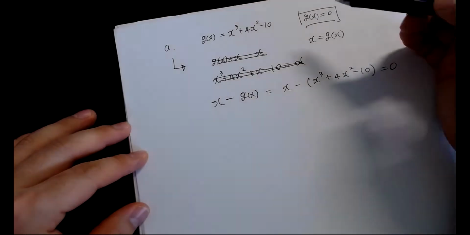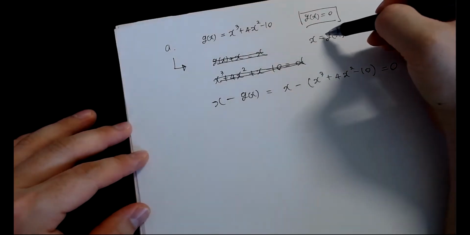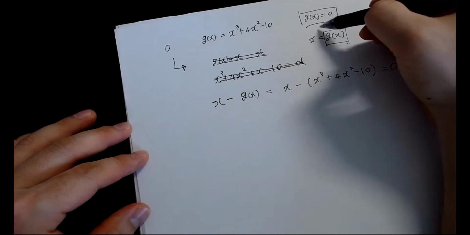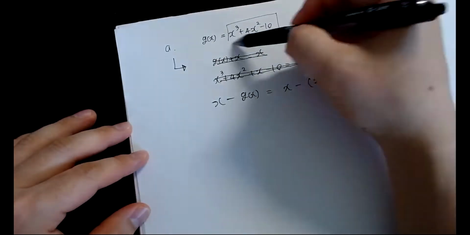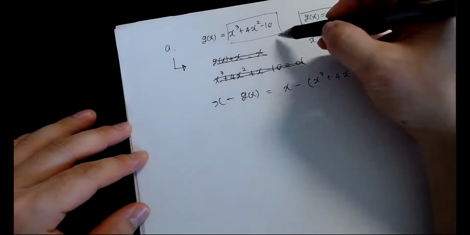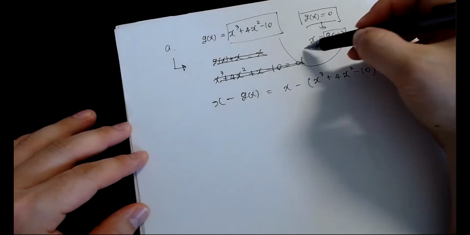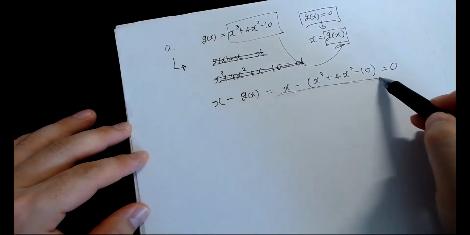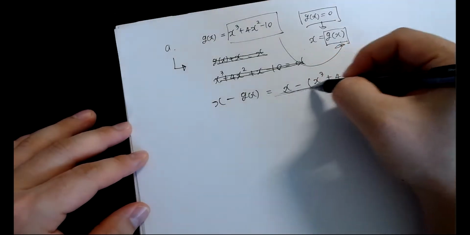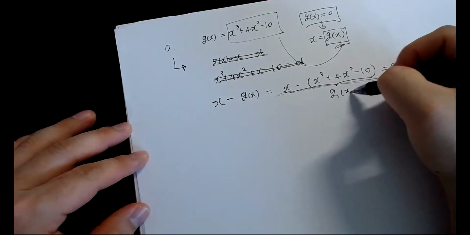Sorry about that. We want to figure out the g of x right here, so we transform this to this. We plug in x cubed plus 4x squared minus 10 into right here, and then move the g of x to the left hand side. Then we get this. So that's g1. This is g1 of x.